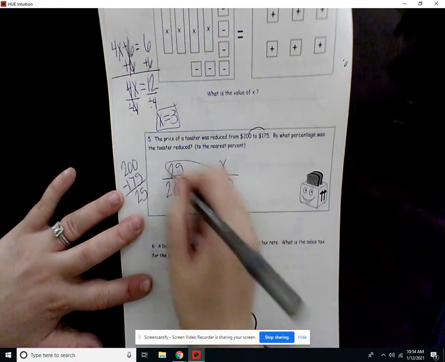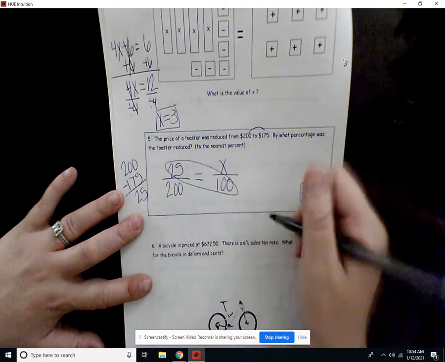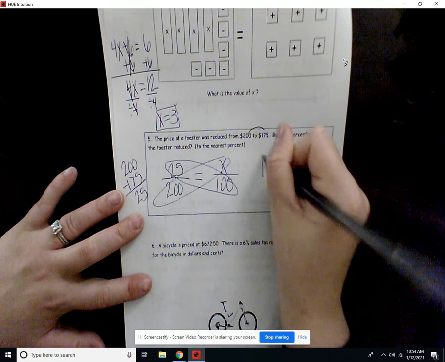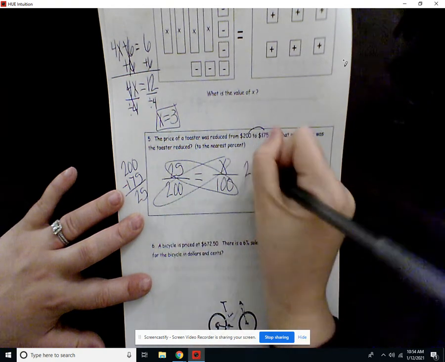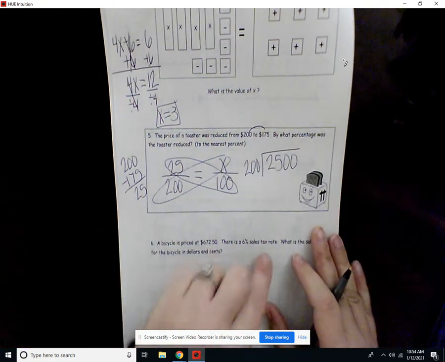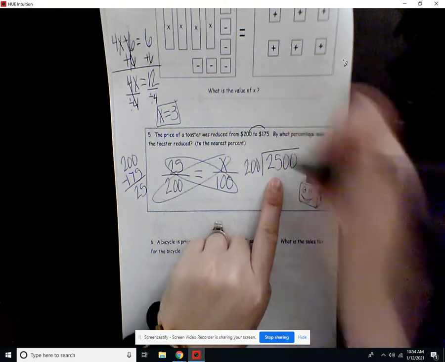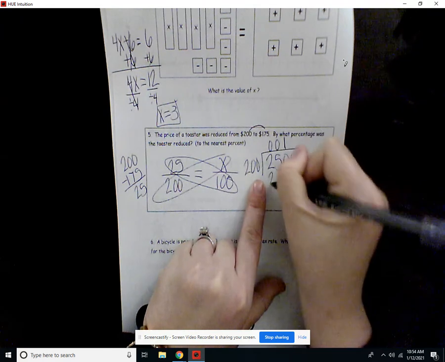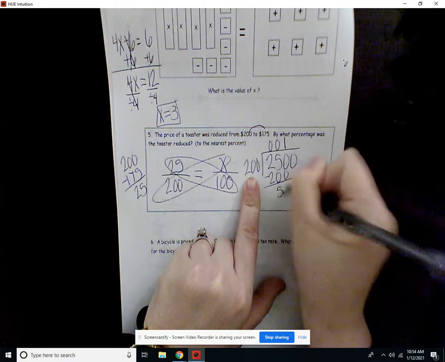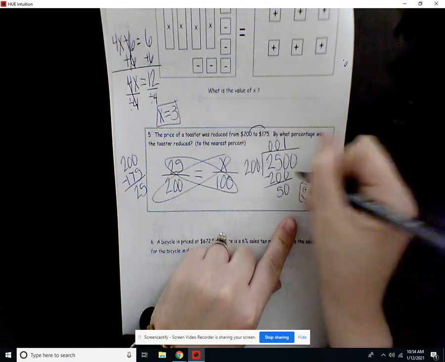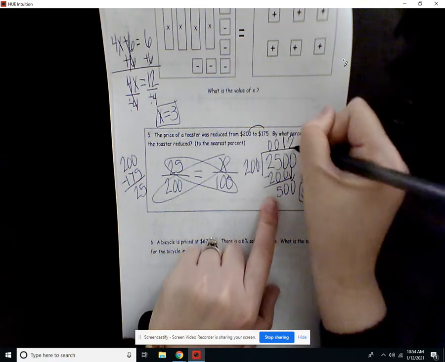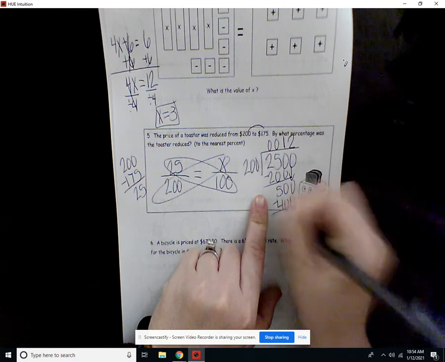Now we're going to cross multiply and divide. 25 times 100 is 2,500. Then we're going to divide by 200. So 200 can't go into 2, can't go into 25, but it can go into 250 one time, which is 50. Then we'll bring down our 0. 200 will go into 500 two times, which is 400.